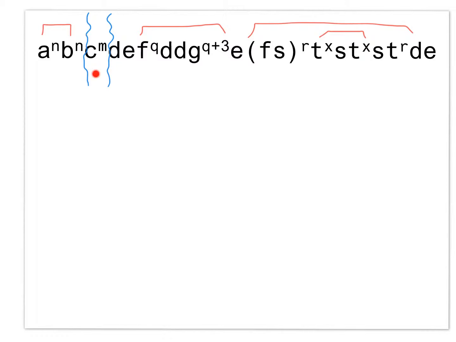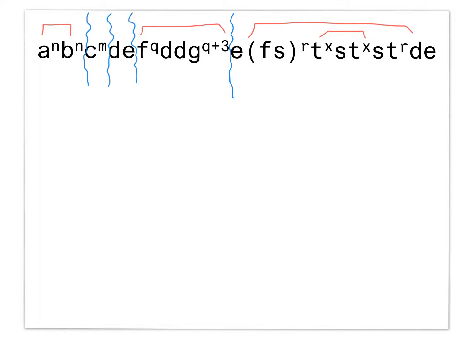The C to the M is an exponent on its own. Next, there's this DE, which is on its own before this big long piece, so let's split that. There's the giant long F to the Q, all this good stuff, so I'll split after that.